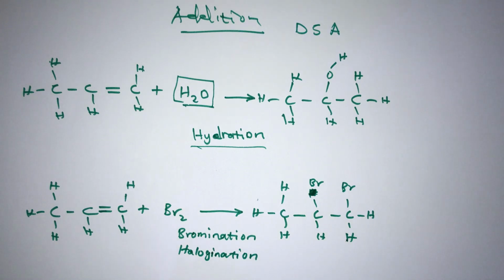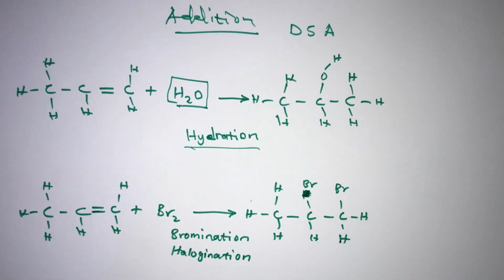We'll accept either one. Bromination means that this is the addition of bromine. Halogenation means the addition of a halogen, and bromine is part of the halogens, right? So you either write bromination or you write halogenation. Let's have the last one.